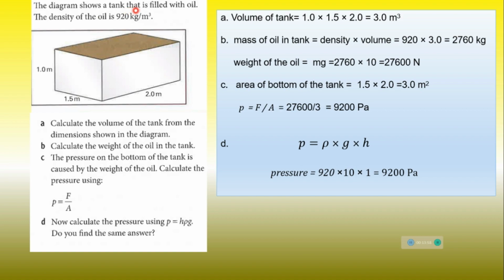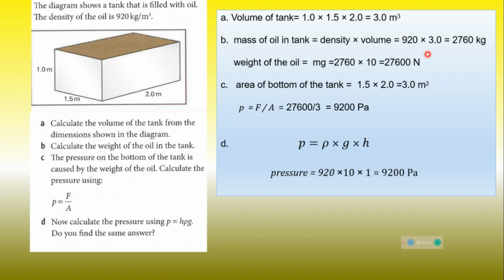Here the diagram shows a tank that is filled with oil and the density of the oil is given. So calculate the volume. Now volume of the tank, we have to multiply these three sides: 1 multiplied by 1.5 multiplied by 2, unit is meter, so volume is 3 meter cube. Calculate the weight of the oil in the tank. Weight of the oil is mg, mass multiplied by g. And mass of the oil will be density multiplied by volume.